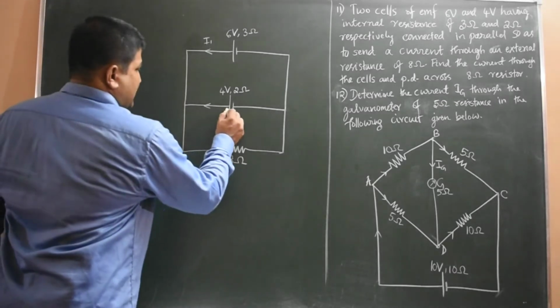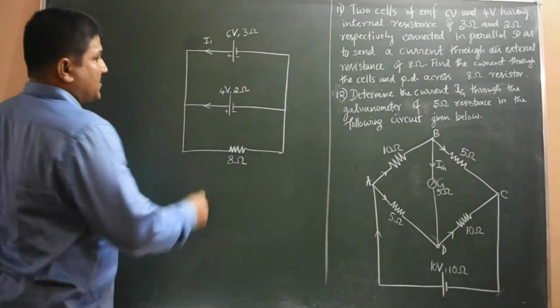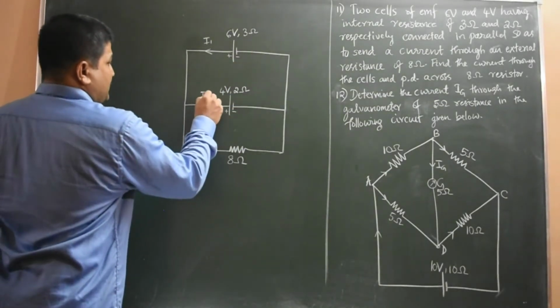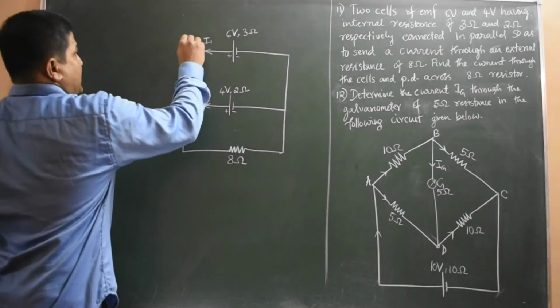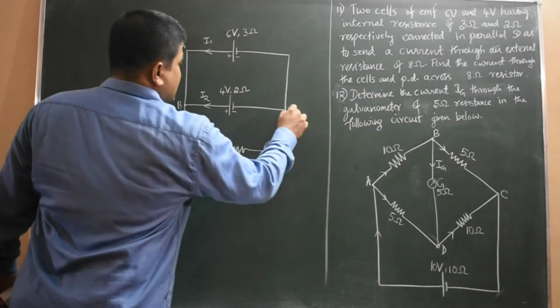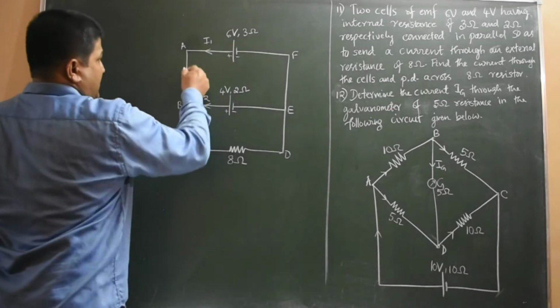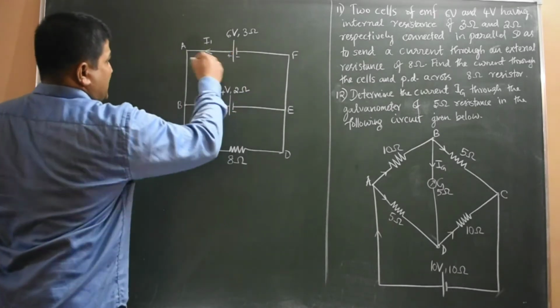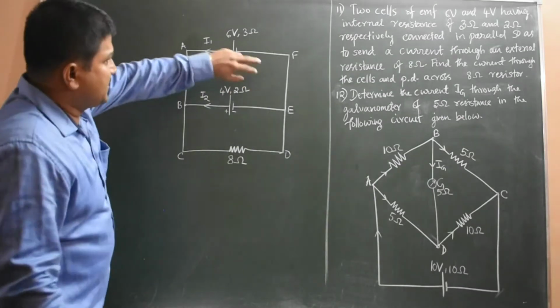It is understood, not necessary to mark the plus and minus. Now you see the junction. Here I write A, B, C, D, E, F just for the sake of the loop. Even though the electrical connections are like this and A and B are at the same potential, not necessarily taken separately, let me take them here just for the sake of the loop.